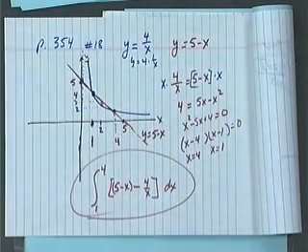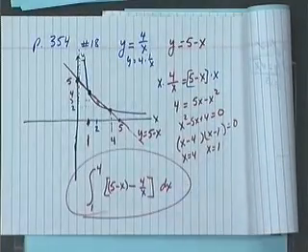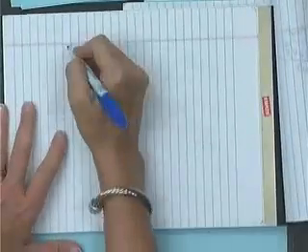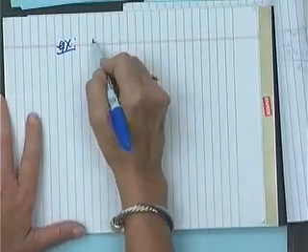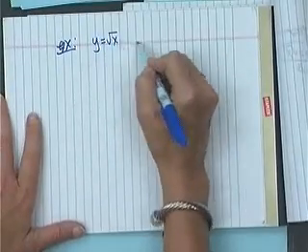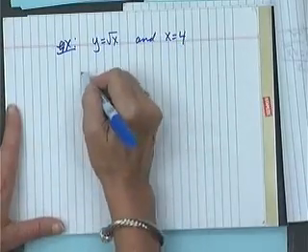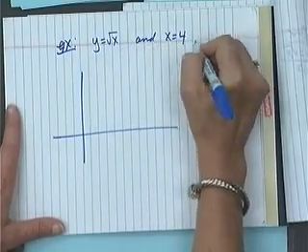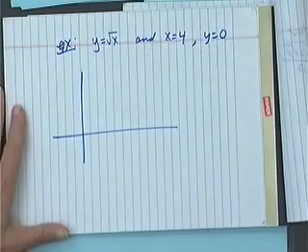I'm trying to think of an example. Okay, I got an example. Find the area of the region bounded by y equals square root of x and x equal to 4. Oh, and you'd have to say y equal to 0, so I get the x-axis in there.